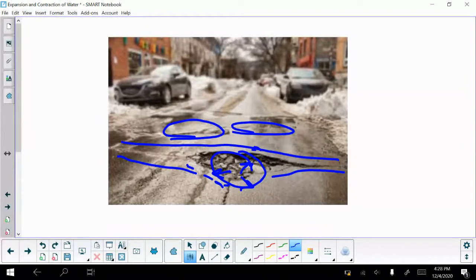This is again a reason why, if you work for a city or live in a residential area, you may see road workers come through in the fall and put sealant in a lot of those cracks to try to prevent the water from getting in and doing this freeze-thaw cycle and creating potholes. This might be a reason why you would want to reseal your own driveway or seal up any cracks in it so that you don't experience potholes.